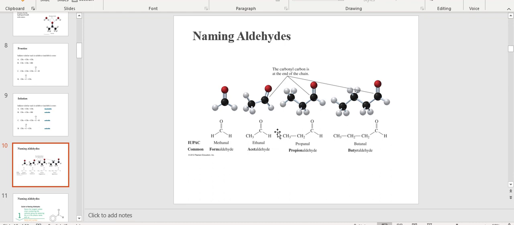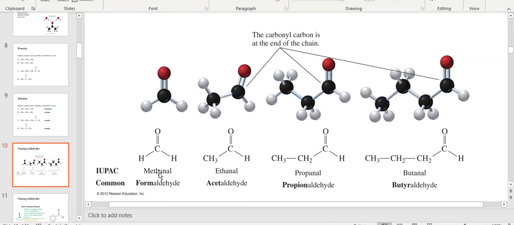I might throw a non-ane at you, but know them, because that's it. Aldehydes are just al. And here we have methanal, ethanal, propanal. You notice there's no ones. The aldehyde group is always on the end. So it'll always be on the one carbon.